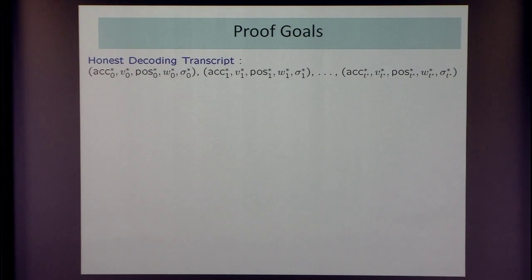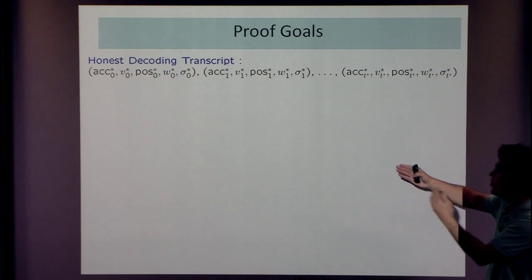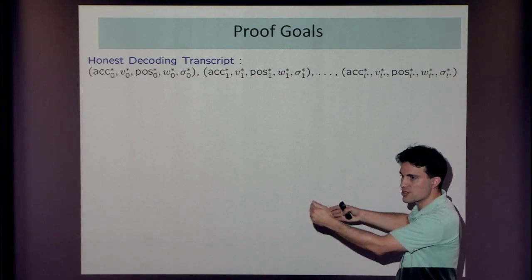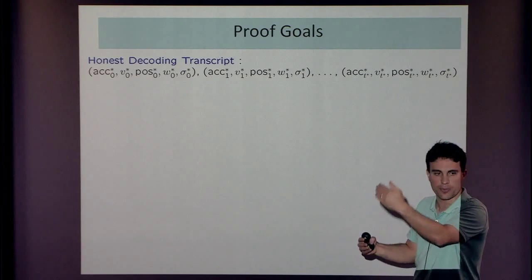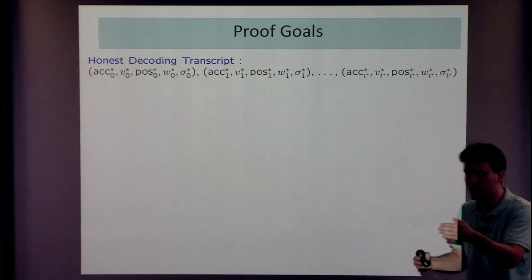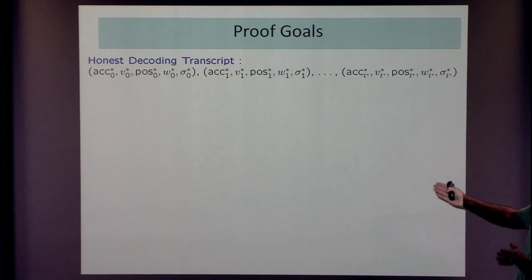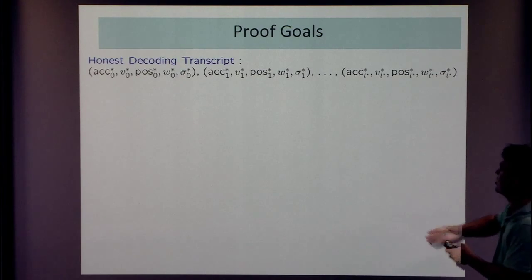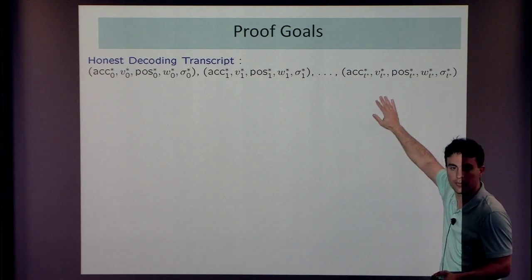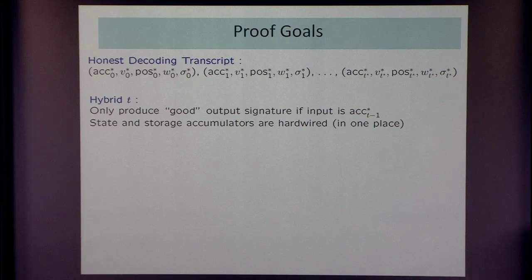Okay, so let me try to give you some sense of how selective enforcement works for the proof. Remember that there is an initial encoding and a deterministic decode algorithm, so there is a correct sequence of steps. If you look at all these values, the accumulator position 0, accumulator 0, time step 1, time step 2, time step 3, that is what should be output in an honest computation, and we can just write these up on the board here.